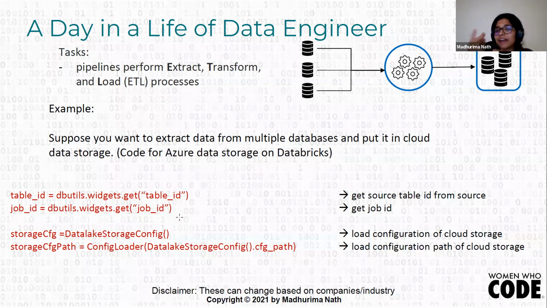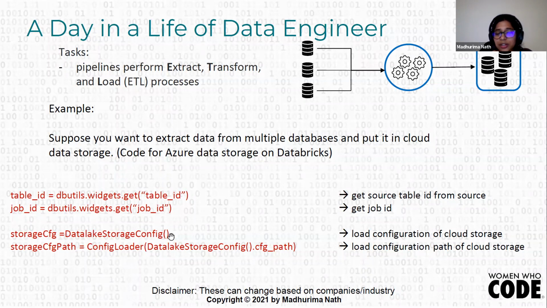Every run will have an ID, right? So that's what is called a job ID here. So I'm going to get the job ID because I need to keep track. Remember, I need to keep track of how many partitions I'm making and where I'm making them. So that job ID will tell me that. And then here I am loading the configuration to the cloud storage.